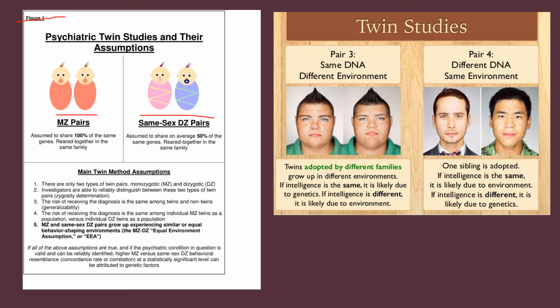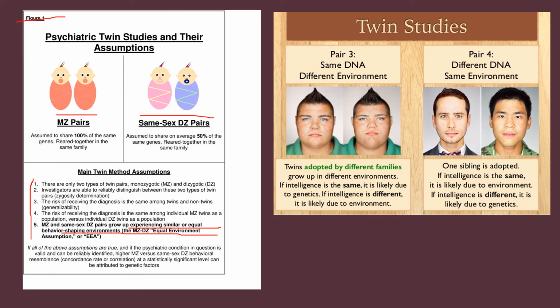So, ibig sabihin, if you meet all of these conditions, kapag kinompare mo sila, same condition. They're reared together in the same family. They experience similar or equal behavior shaping environment. Hindi mo sila pinaghiwalay.